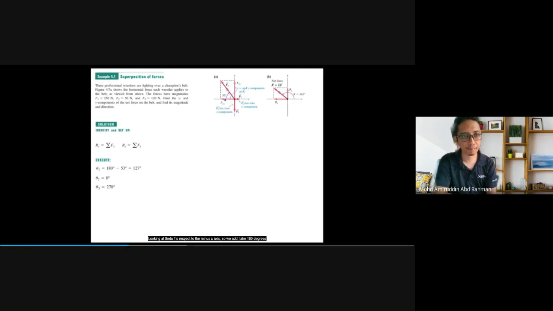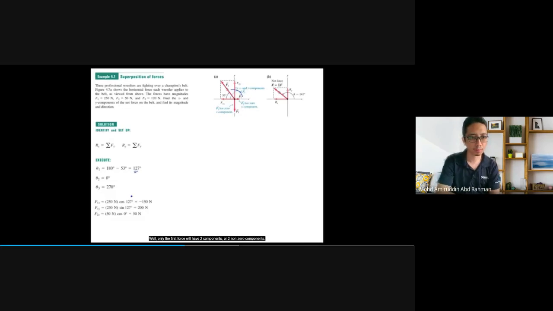Theta 1 is with respect to the minus x-axis, so we take 180 degrees and subtract that 53 degrees from it. We have the angle with respect to the positive x-axis, as shown here. Theta 2, of course, is 0 since that vector is along the positive x-axis, and theta 3 is 270 since it's straight down.